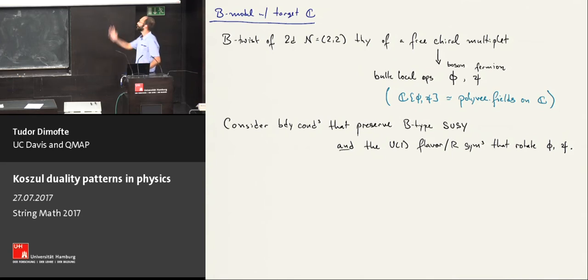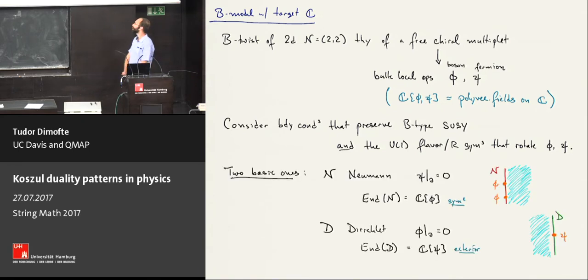I want to consider boundary conditions that preserve some symmetry, in particular the U(1) symmetries that rotate phi and psi. And there are 2 canonical ones. One of them preserves the field phi at the boundary, but kills the fermion. I'll call this a Neumann boundary condition.